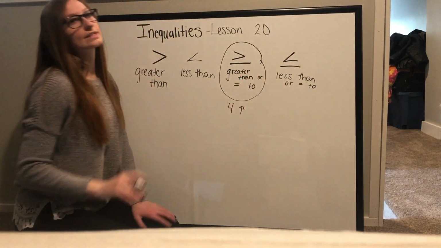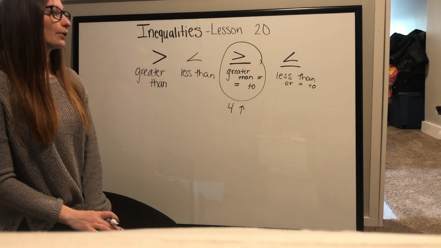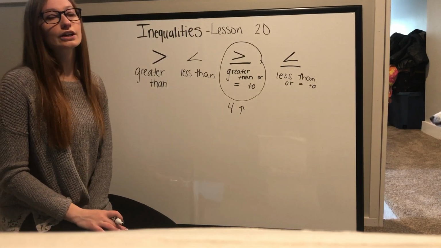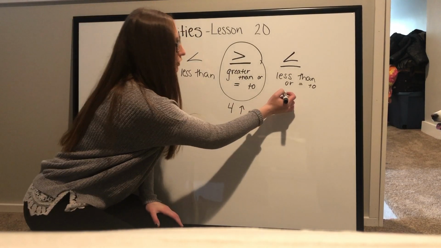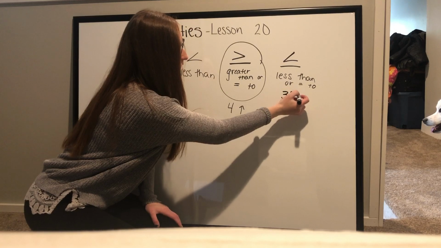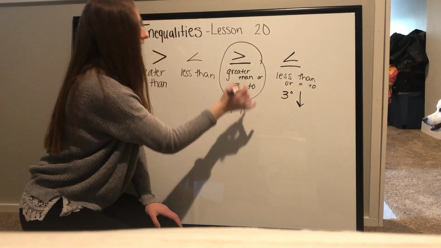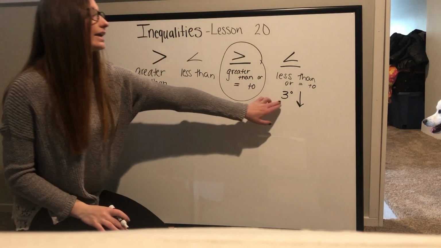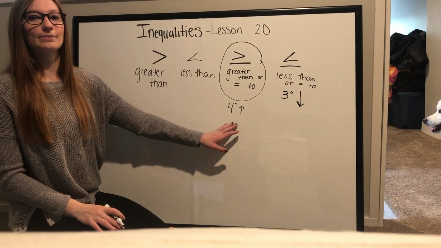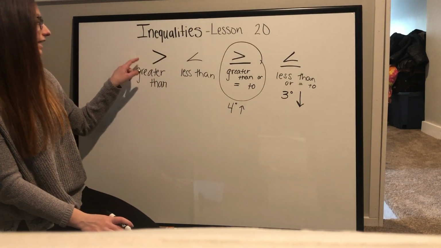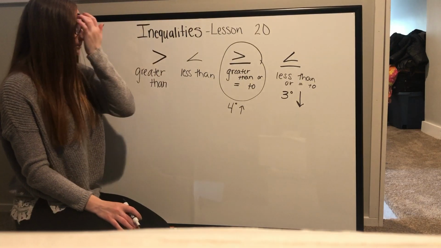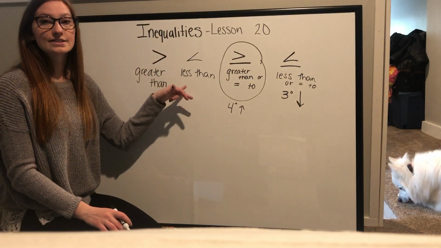For this one, we could say the water in the ocean is 3 degrees or lower. So it could be 3 degrees or lower. So that means that that number can be an answer to whatever it is you're talking about. For this one, it can only be a number that's greater. And for this one, it can only be a number that's less than.